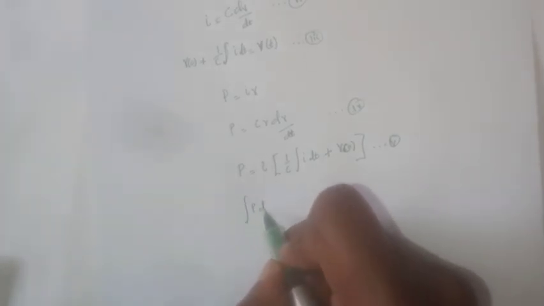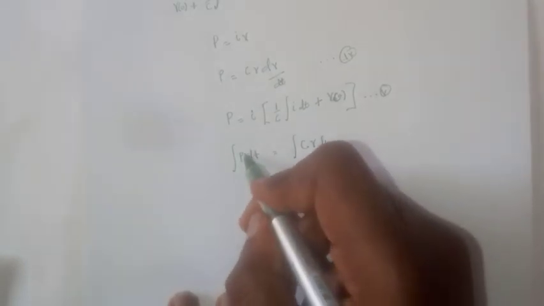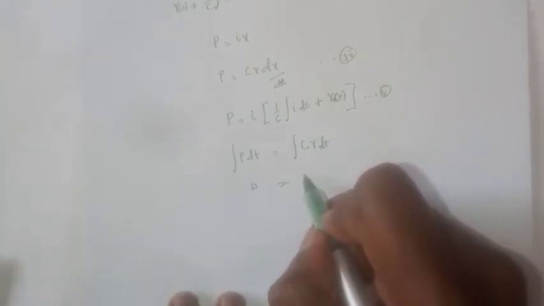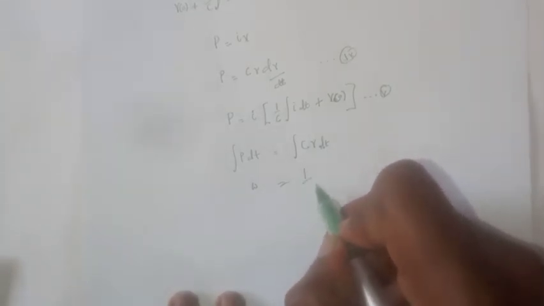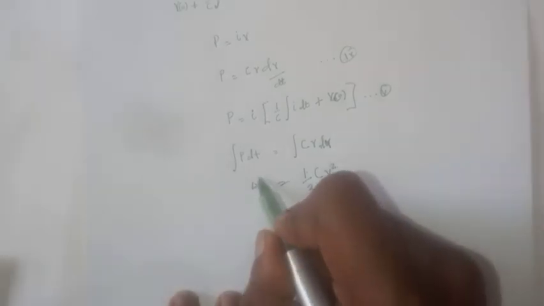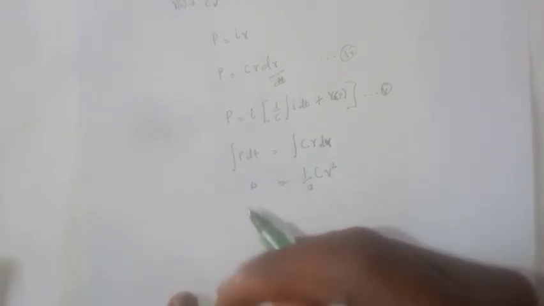So we'll say integral P dt equals integral CV dV, and when we integrate power with respect to time, we get work, and when we integrate this, we get half C V squared. So we know that energy, or work, same thing, is equal to half CV squared.